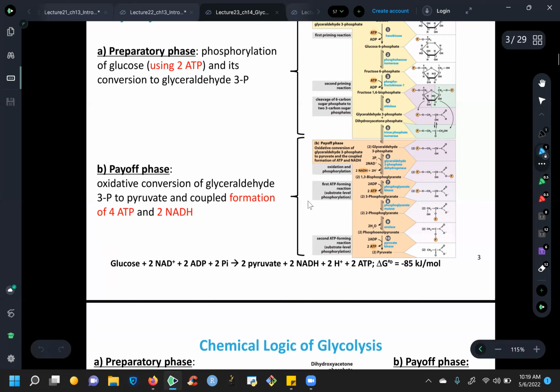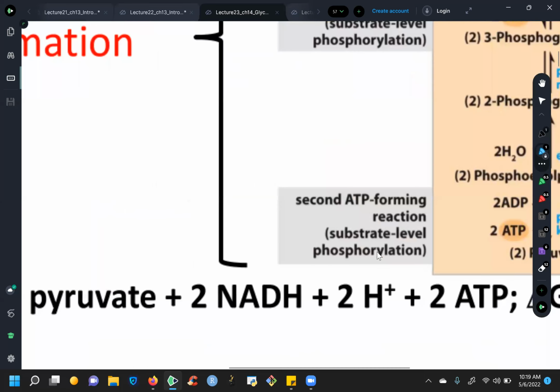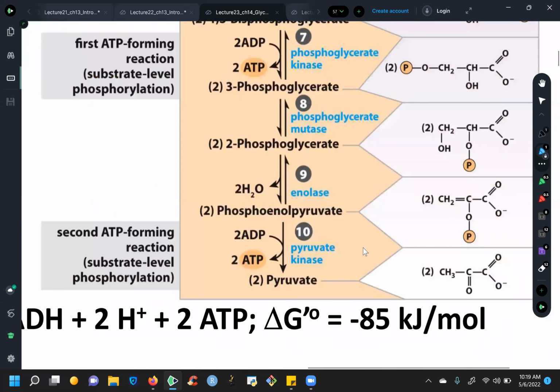Okay, so you should be making notes of which ones of these are your high energy molecules. So phosphoenol pyruvate, if you remember your little table that I showed you with the high energy molecules on top, phosphoenol pyruvate is one of those high energy molecules.